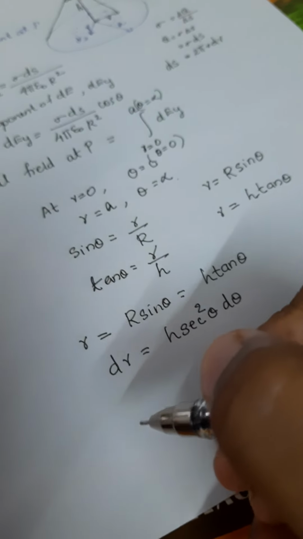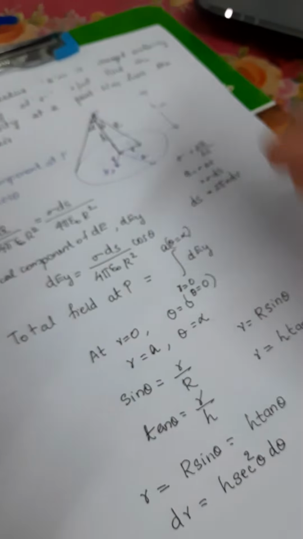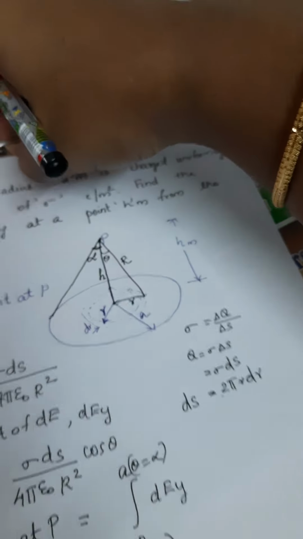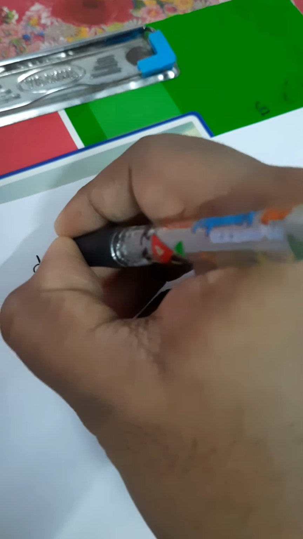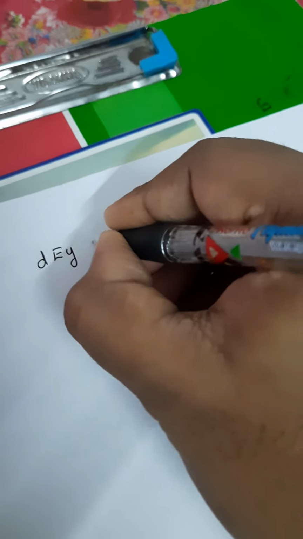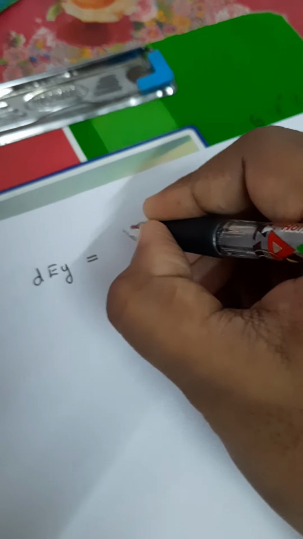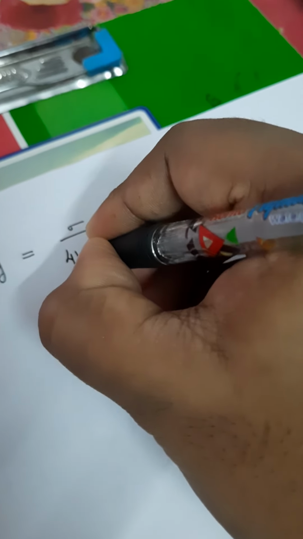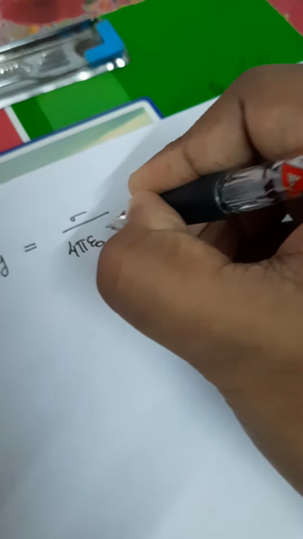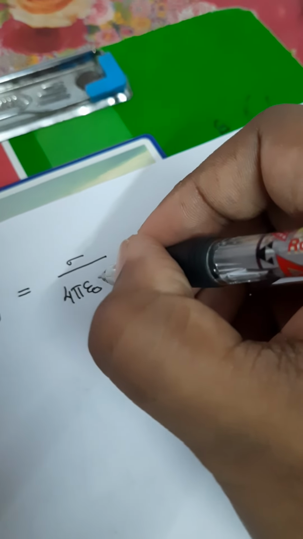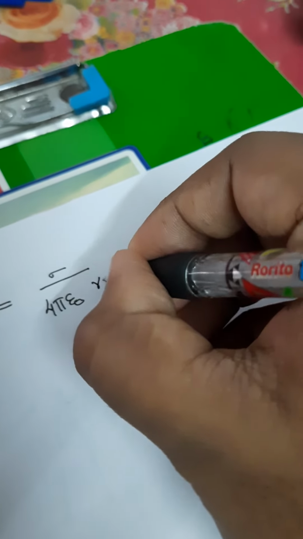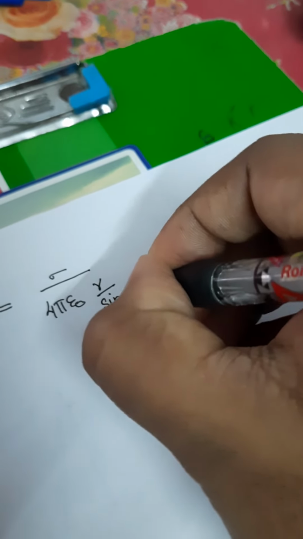dE becomes sigma by 4 pi epsilon 0. Instead of this capital R, we can substitute r by sin theta, the whole square.